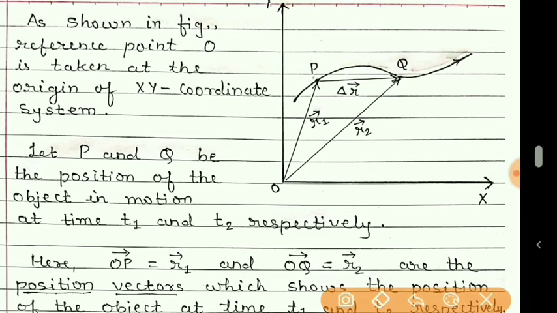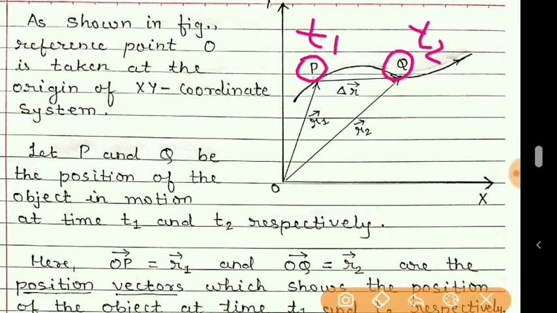The initial position is point P. And what is the final position? The final position is point Q at time t2. Initial position is P at time t1.